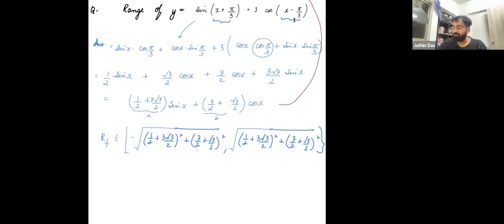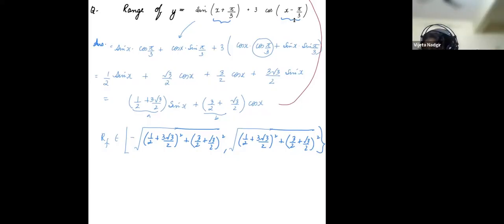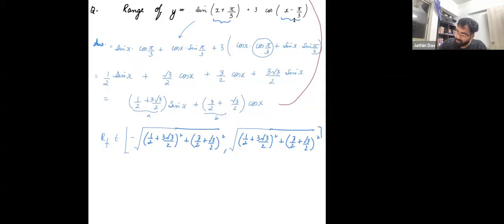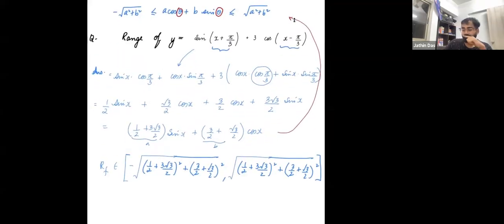The method is important now. Both ends will be closed because it is equal to. That's it.